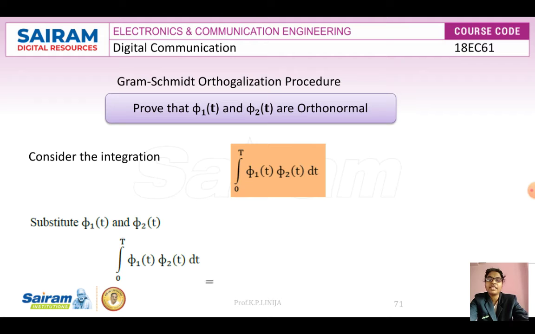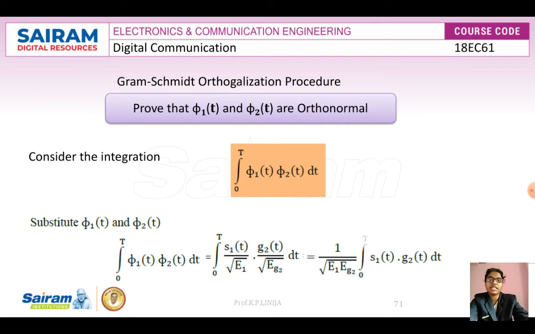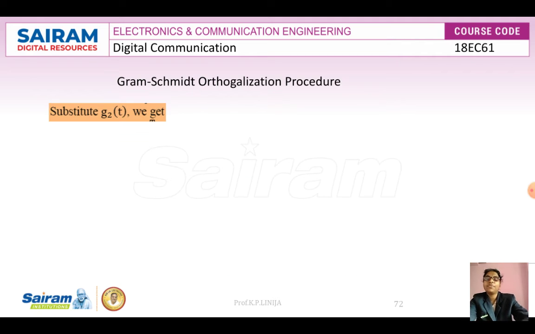Therefore, we get the integral from 0 to T of s1 of t divided by root E1, into g2 of t divided by root Eg2, dt. Here 1 divided by the energy term is common, so we have taken it outside. Finally, we got the integral from 0 to T of s1 of t into g2 of t dt.